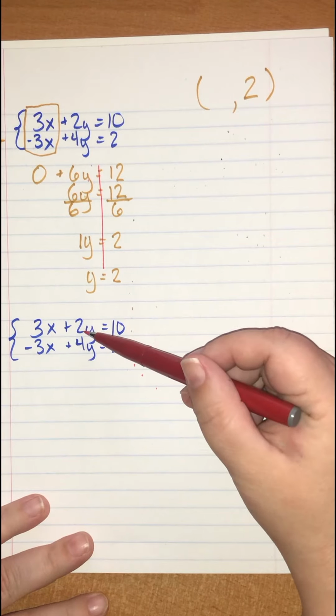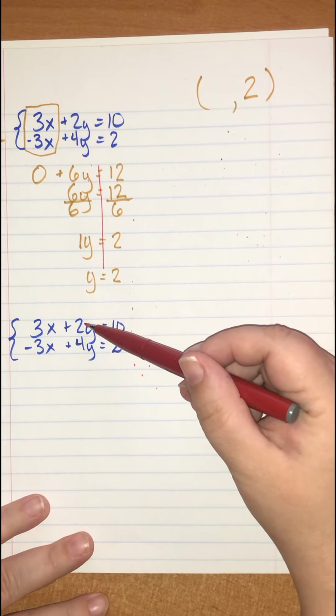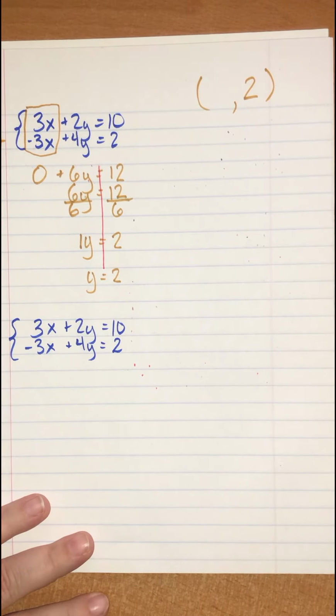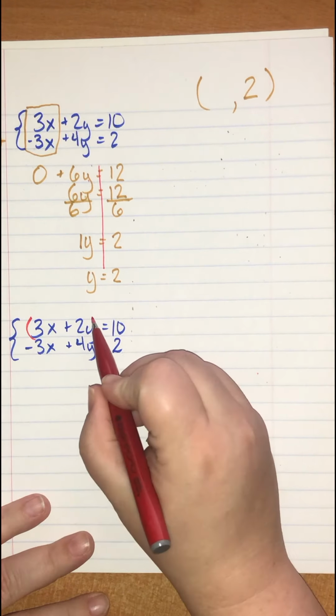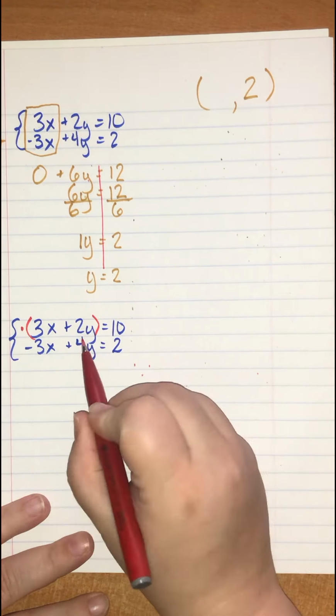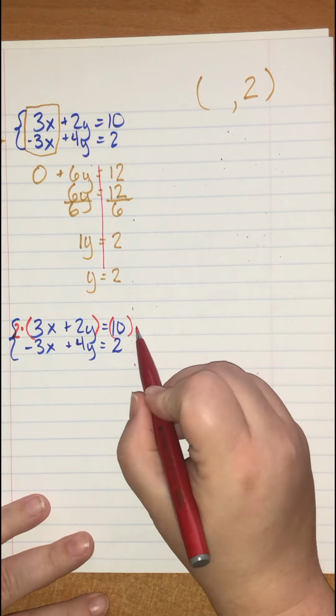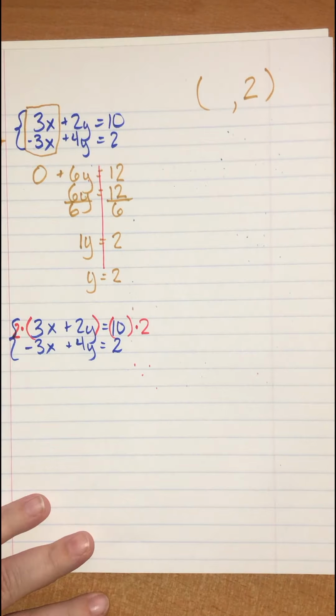And here we should look at this 2 and this 4 and say, hey, if I multiply 2 by 2, that'll give me 4. So, as a reminder, you need to make sure that if you're going to multiply this by 2, you have to multiply the whole side by 2. And whatever you do to one side, you do to the other.